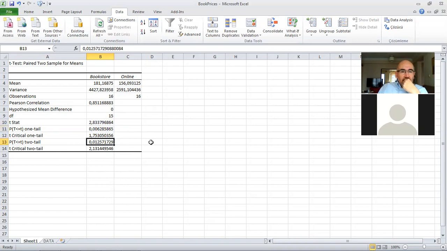So again, the critical value is given here for two-tail, 2.13. And since 2.83 is greater than that, we reject the null hypothesis that the campus bookstore and online shops offer the same prices for the textbooks we are using. Okay, then.